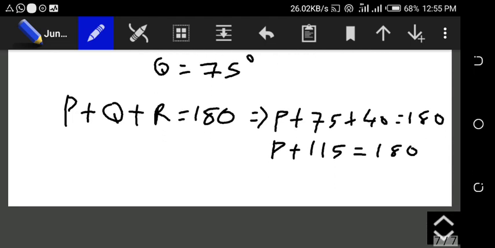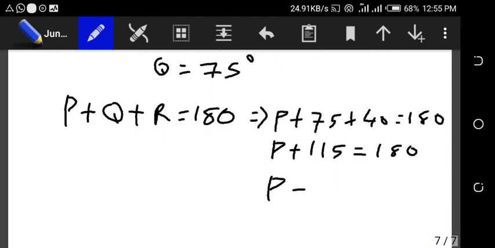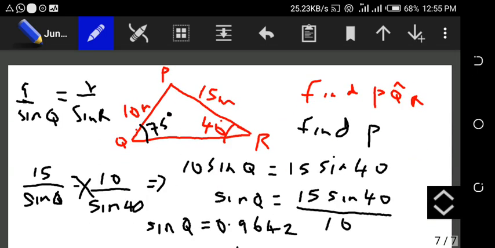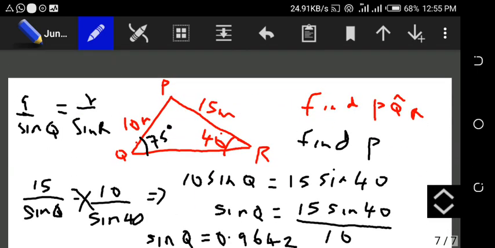Now subtracting 115 from both sides, P is equal to 180 minus 115. That gives us 65 degrees. So this angle here will now become 65 degrees.